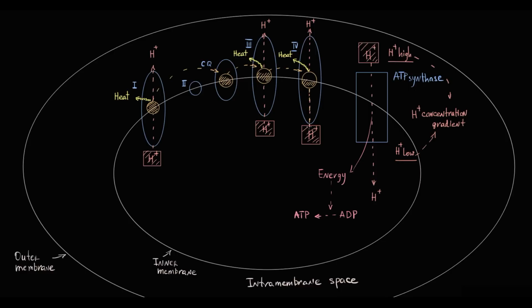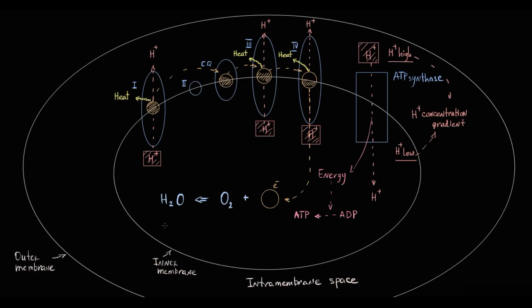And after complex 4 sucks the last portion of energy out of the electron, now the electron has no energy inside. Such an electron is a wasted material that does not have any value for the electron transport chain. So complex 4 throws out this low energy electron from the electron transport chain to oxygen inside the mitochondrial matrix, and electrons bind to oxygen and reduce oxygen with formation of water molecules.